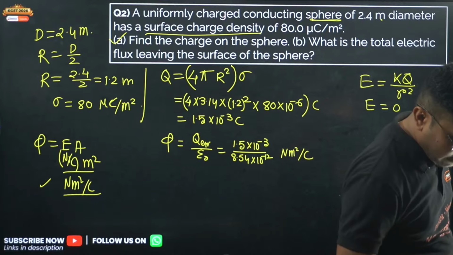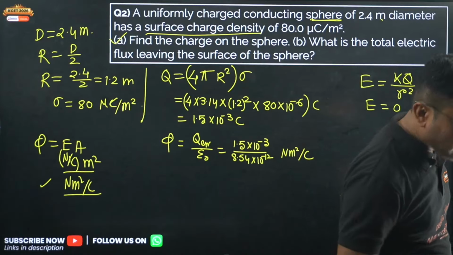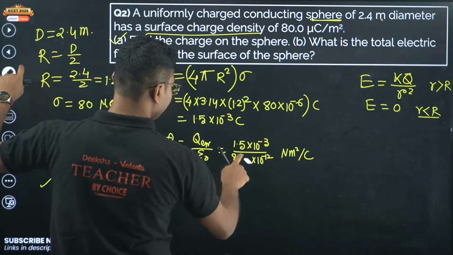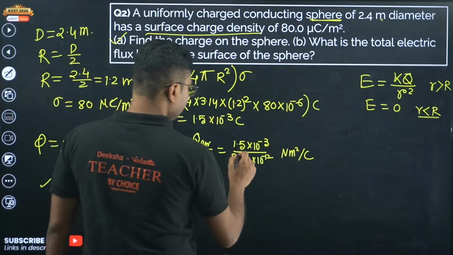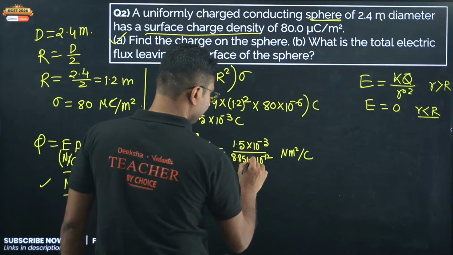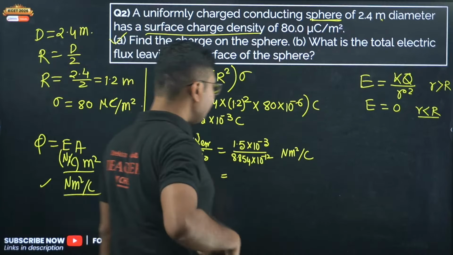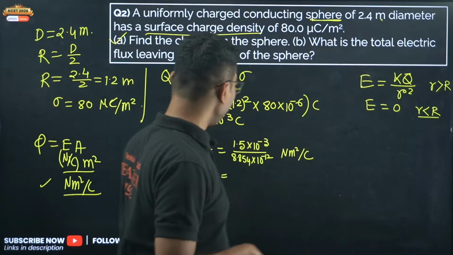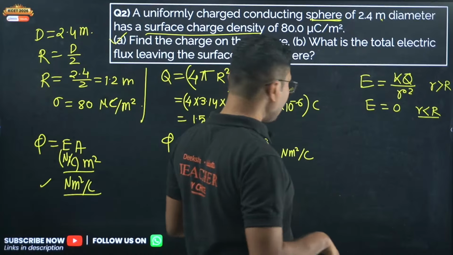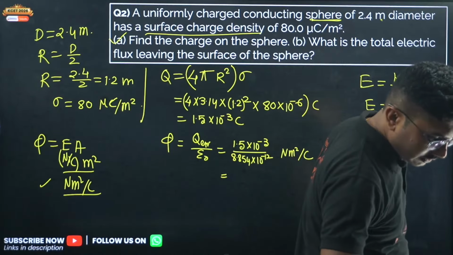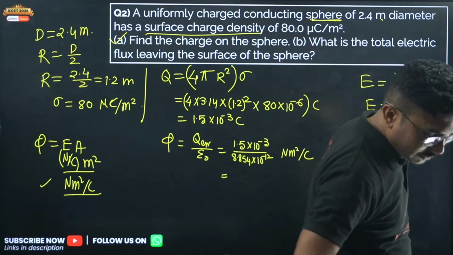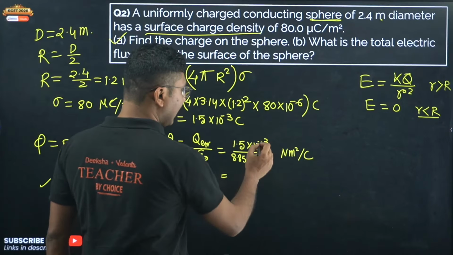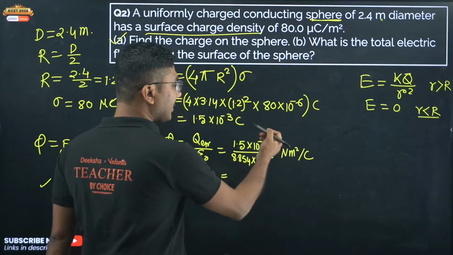So it will be 8.854. Okay, my mistake. Okay, calculate this. It will be 0.175, but there will be a 10 to the power value, no? It will be 10 to the power of plus 9, because it is minus 3 minus 12, so it will go up and become plus.